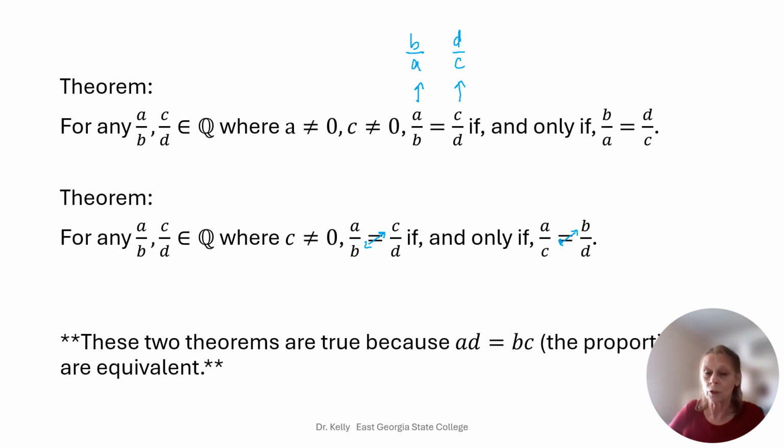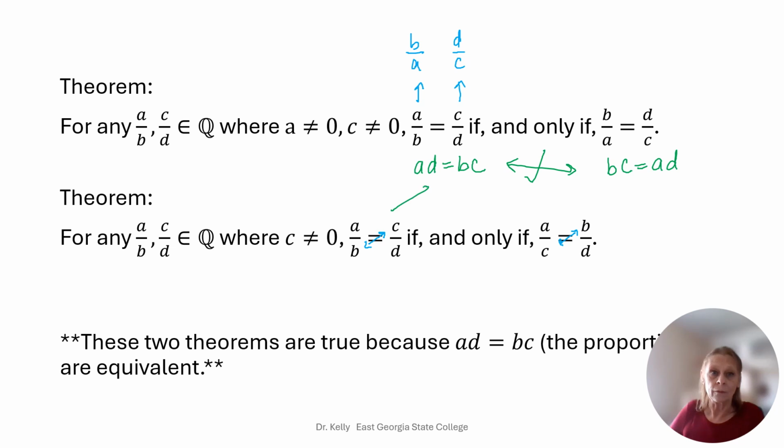Remember that proportions, we can do cross multiplication. So here, A times D is AD equal to B times C is BC. So if we do this guy here, we have B times C, which is BC, is equal to A times D, which is AD, and we know that these are equivalent.